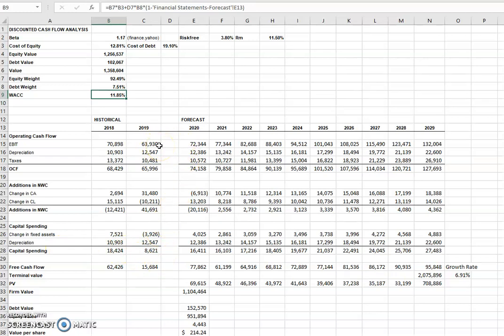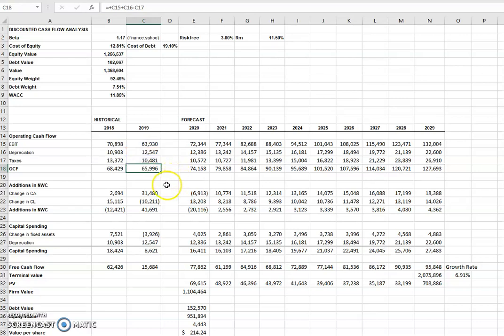We have the operating cash flow, or earnings before interest and tax, from row 9 on the forecast tab, the depreciation from row 16 on the forecast tab, and the taxes from row 13 on the forecast tab.